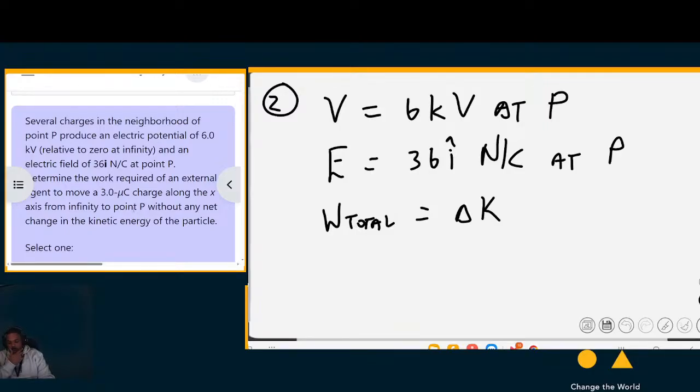Now the total work is done by the external work plus the electrical work. And that should be equal to, since there is no net change in kinetic energy, 0 joules.